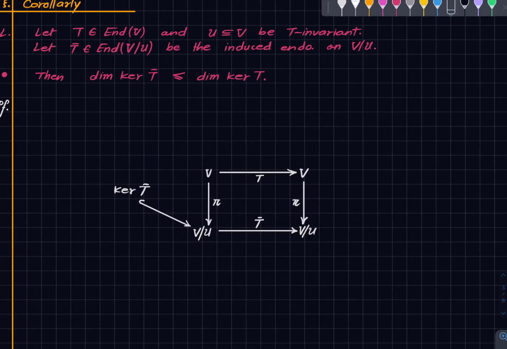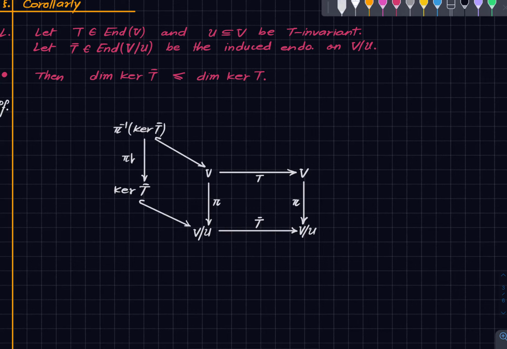Here pi should have been replaced by pi suitably restricted, and this is pi inverse of the kernel of T bar. And that we include here. All right, so far everything commutes, nothing going on really.